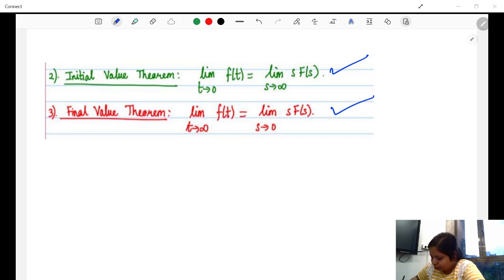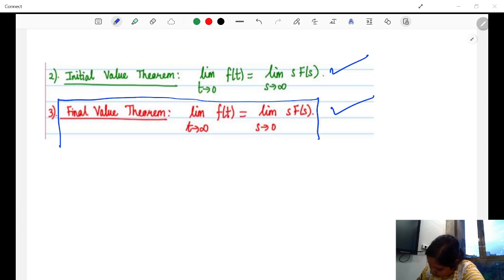For Laplace domain, it becomes s tends to infinity and the limit is s of F(s). For final value theorem, t tends to infinity whereas s tends to 0, s F(s). So what we want? Steady state value. So we'll use final value theorem.